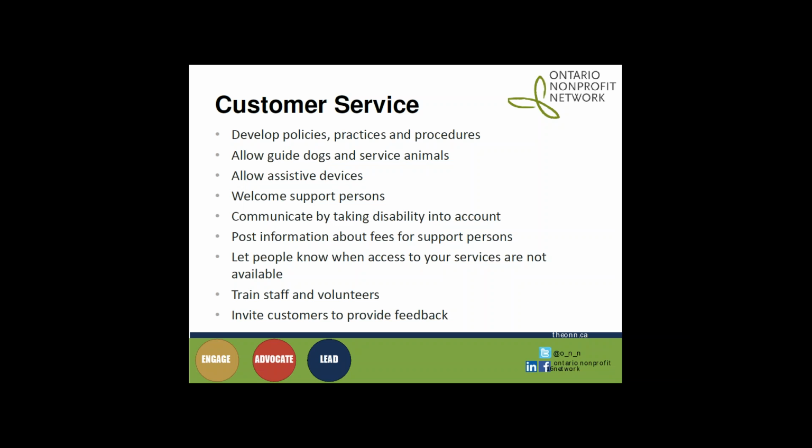So here are some of your obligations under the customer service standard. As an organization, you need to develop and put into place a plan or a policy that outlines how you'll provide your goods and services to people with disabilities.